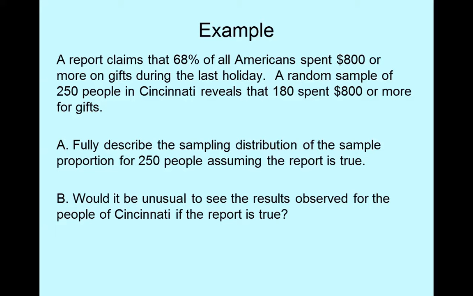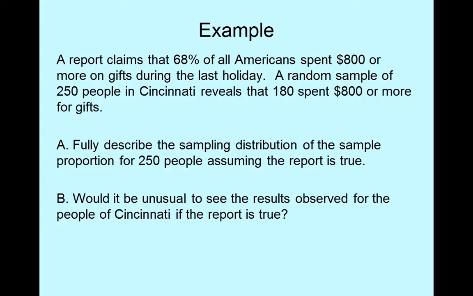So assume that 68% value is the correct value. Then in part B, we're going to ask, would it be unusual to see the results we observed, the 180 out of 250, if the report is correct that 68% of people spent $800 or more on gifts.